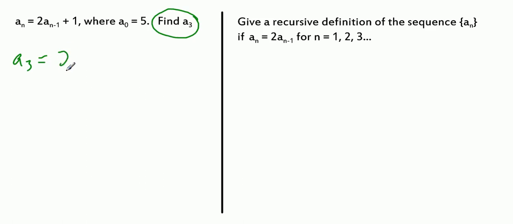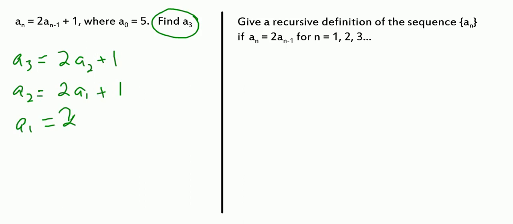Well, this definition says take 2 times a sub 2, which is the previous one, and then add 1. Well, that's great, except we don't know what a sub 2 is. So we'll figure out a sub 2 by taking 2 times a sub 1 and then adding 1. Again, we don't know what a sub 1 is, so we keep going.